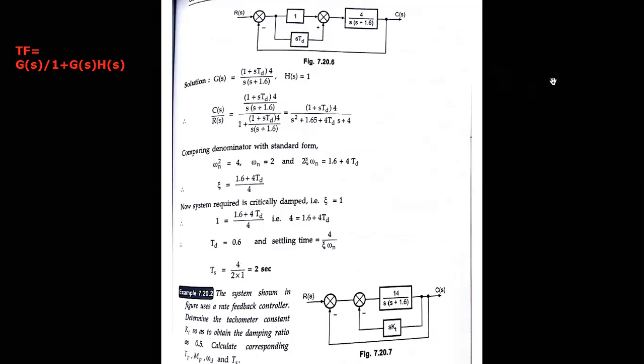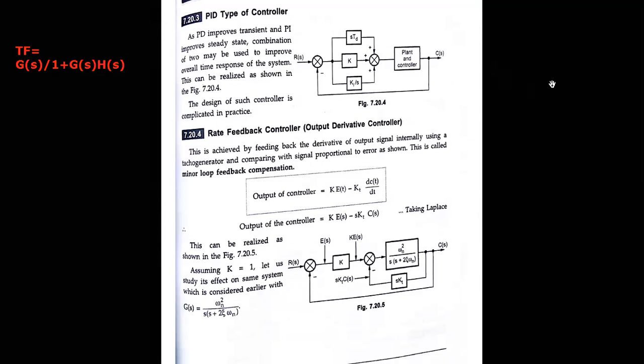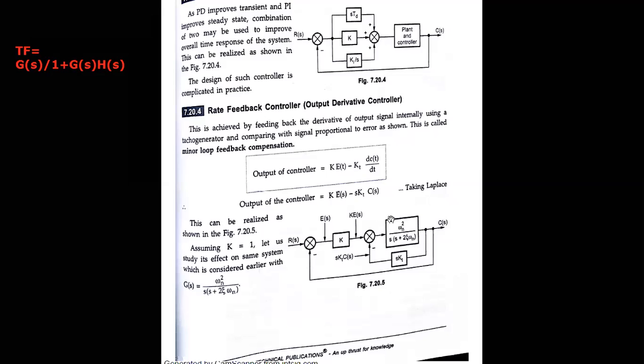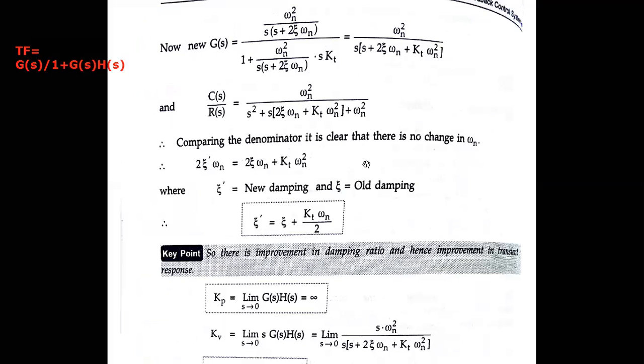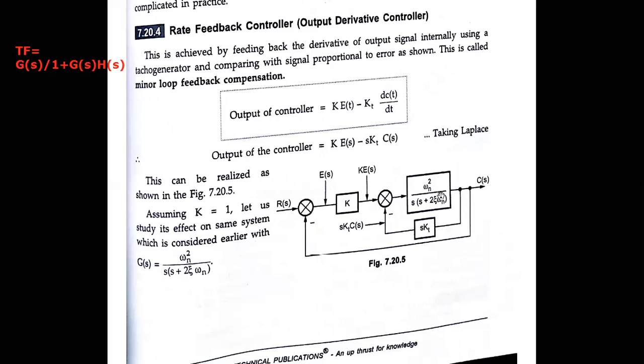That is what they have done here in this block diagram. Once they reduce it, you can see this is my G of S, this is my H of S, one summing point and one takeoff point. If you substitute these two values in this formula, you can find the transfer function for this particular minor loop.